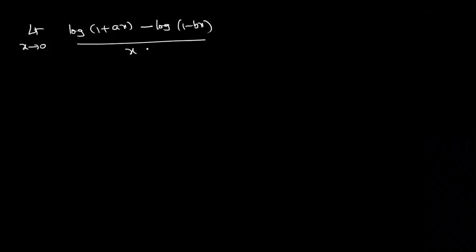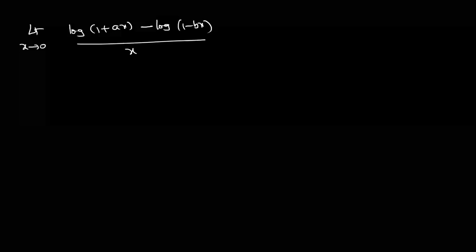Limit x tends to 0 of logarithm of (1 plus ax) minus logarithm of (1 minus bx), divided by x. What to do? How to solve this question, dear students?